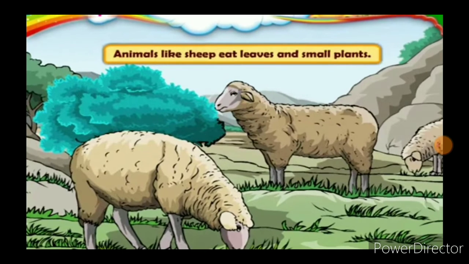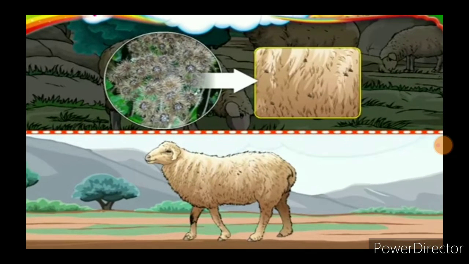Now, as you can see, animals like sheep eat leaves and small plants. And for eating such small leaves and plants, they graze from one place to another place. When they are eating their food, seeds of some plants get stuck on the sheep's body. It gets caught in its wool.